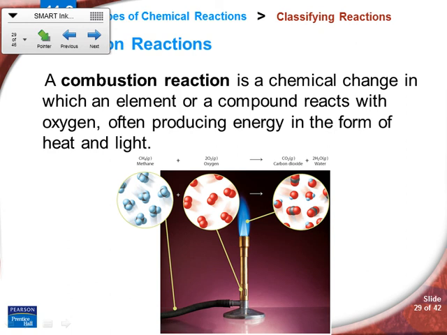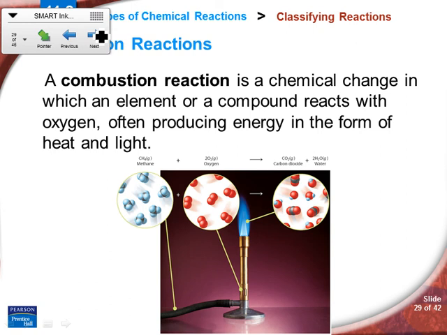Everyone's like, oh, combustion, that's like if the relationship goes up in flames. But that doesn't help me remember that combustion produces carbon dioxide and water, right? Okay, let me show you the general form here.